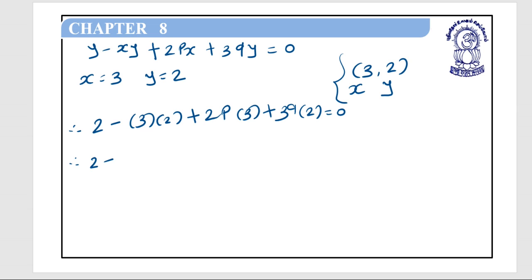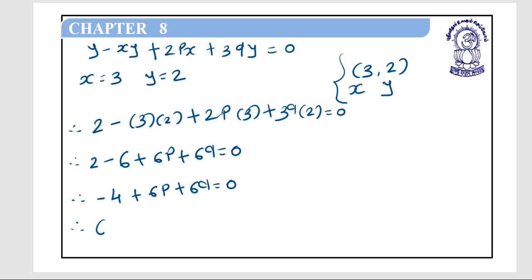So 3 2s are 6, plus 6p plus 6q is equal to 0. So 2 minus 6 is minus 4, plus 6p plus 6q is equal to 0. So 6p plus 6q is equal to 4.